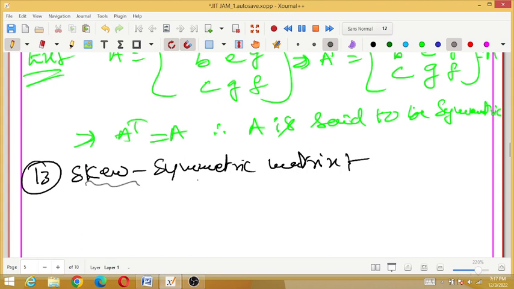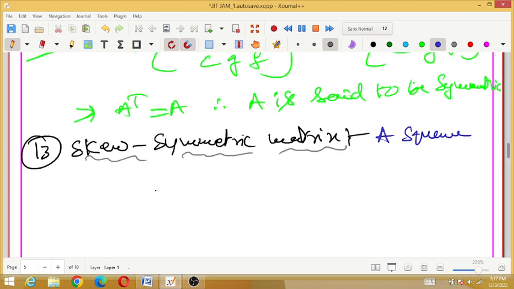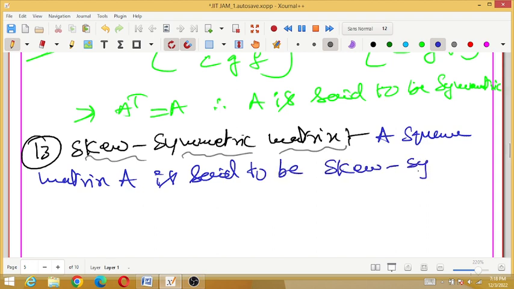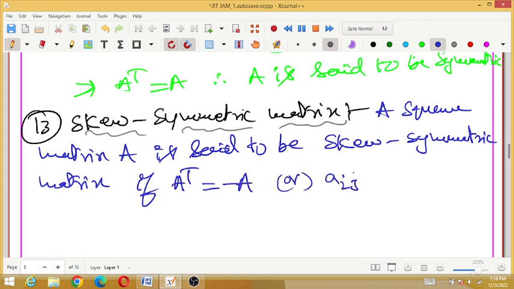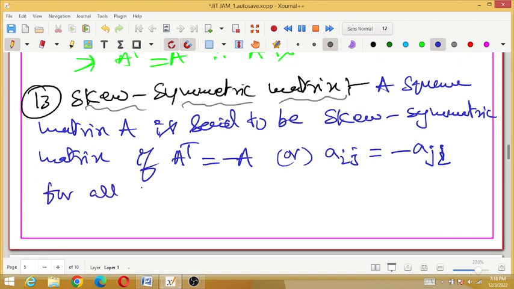See here, a skew symmetric matrix is nothing but a square matrix A is said to be a skew symmetric matrix if A transpose is equal to minus A, or Aij is equal to minus Aji, for all values of i comma j.